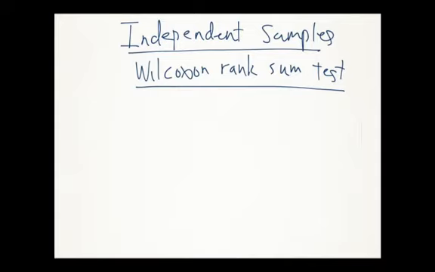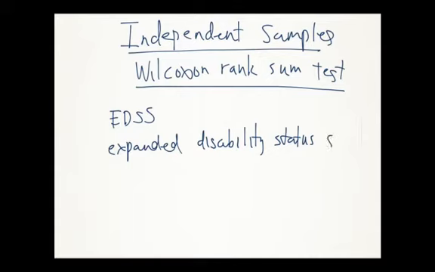So let's think about an example. The main outcome measure in multiple sclerosis is the Expanded Disability Status Scale, the EDSS. The EDSS is a 0 to 10 scale with steps of 0.5.